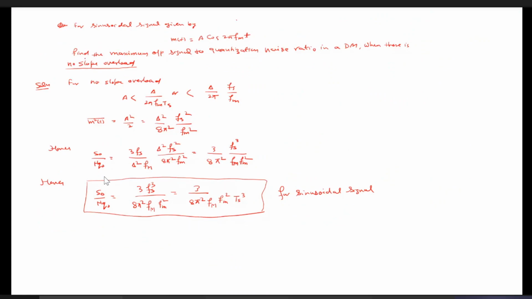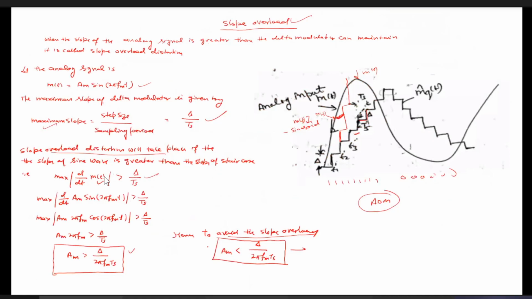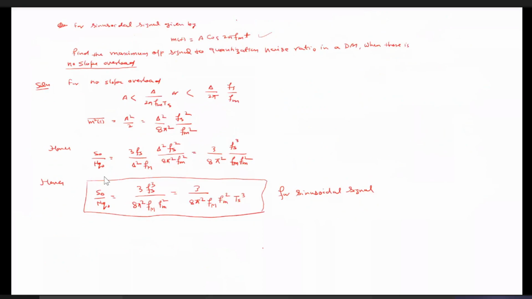So how can we avoid it? We have already calculated the condition: if the message signal is sinusoidal, then its amplitude must be less than delta by 2 pi f_m T_s, so that we can avoid slope overload distortion. We can impose that condition here also, because it asks to find the maximum signal to quantization noise ratio.